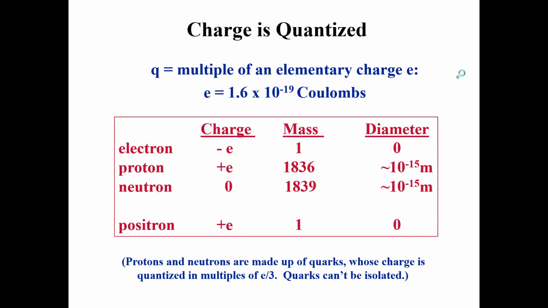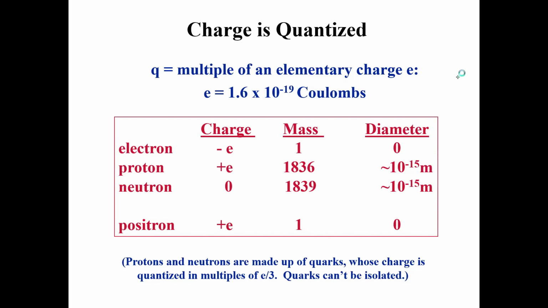The mass of electron is 1, the mass of proton is 1836, and they also have diameter. The diameter of electron is 0, and the diameter of positron is also 0, while the diameter of protons and neutrons is 10 to the power of minus 15 meter.